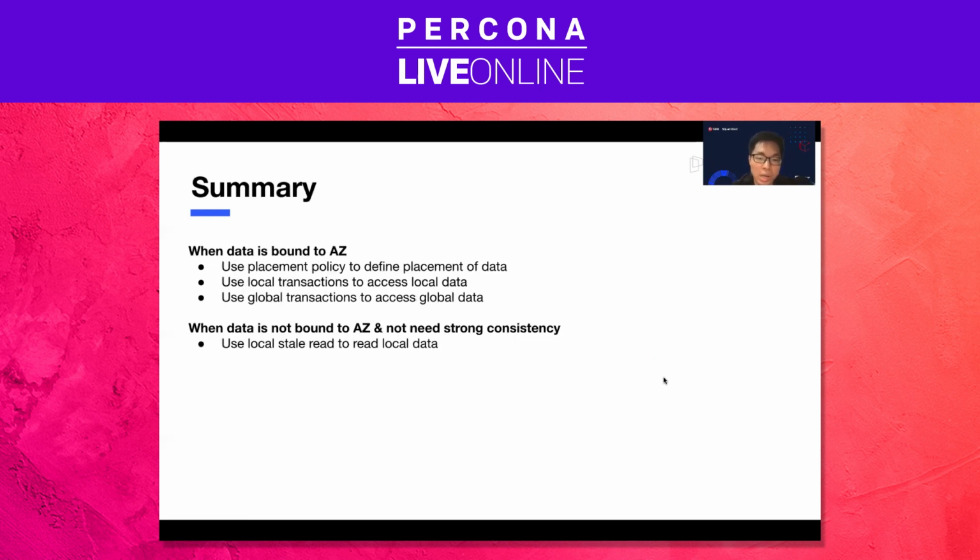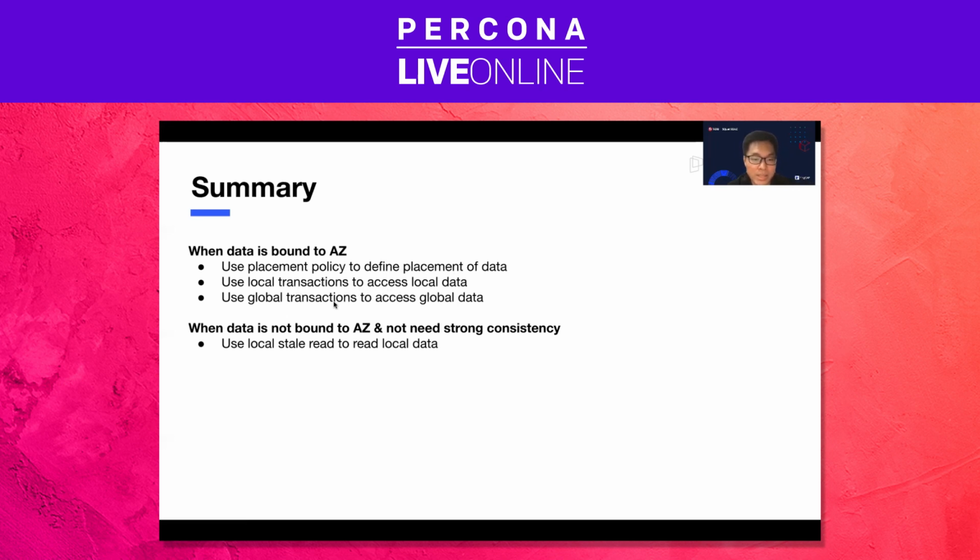Now we have talked about all the solutions in TiDB. Let's have a brief summary. The solutions are suitable for different scenarios. When the data can be bound to any AZ, you can use placement policy to define the placement of data, and use local transactions to access local data.